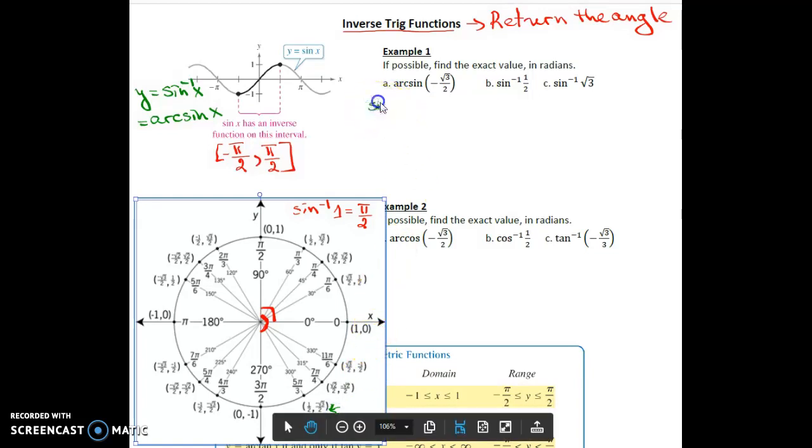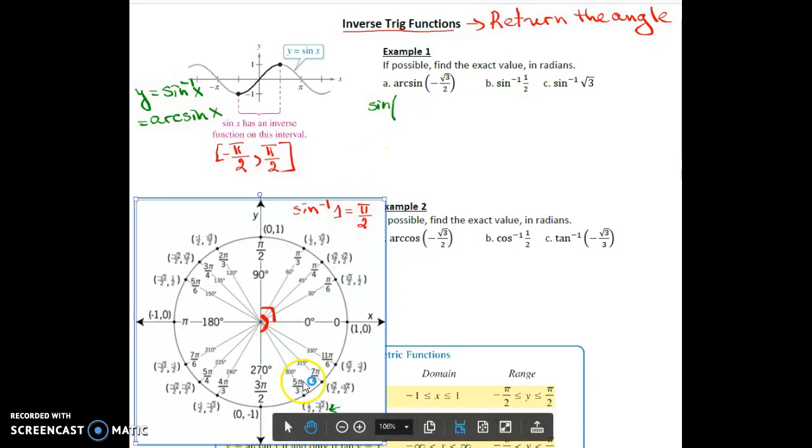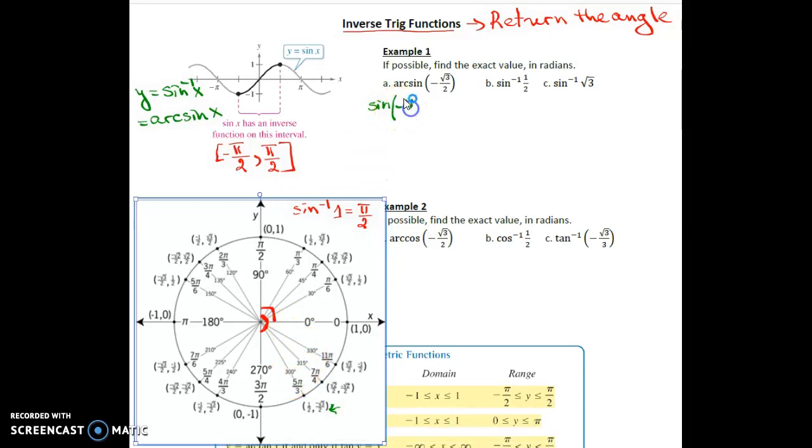What I can see from there is that the sine of 5 pi over 3, or negative pi over 3, is equal to negative square root of 3 over 2. Since negative pi over 3 is in the allowed interval, then the arc sine of negative square root of 3 over 2 is equal to negative pi over 3.